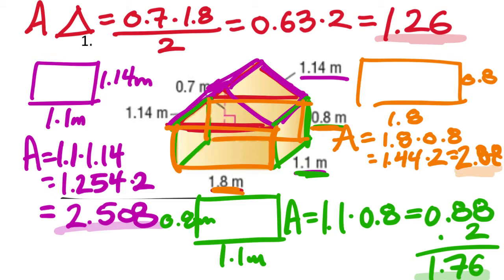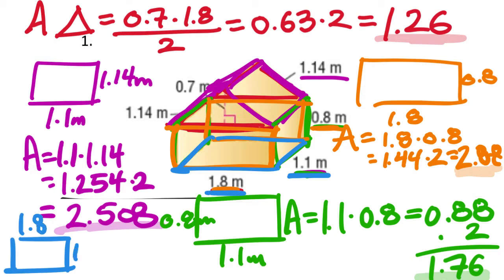Well, our final rectangle is just here at the bottom. And we see that's a 1.8 by 1.1 meter rectangle. So let's see if we can draw that over here. 1.8 meters here, and 1.1 meters there.